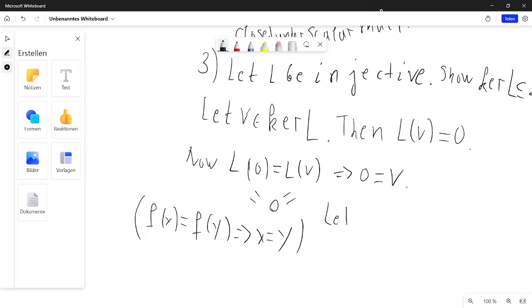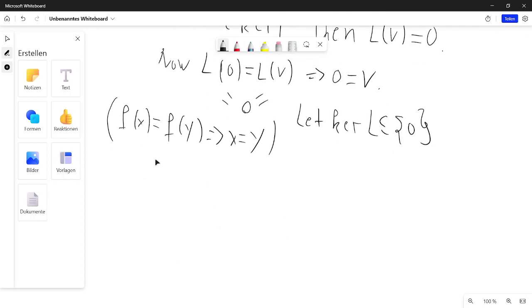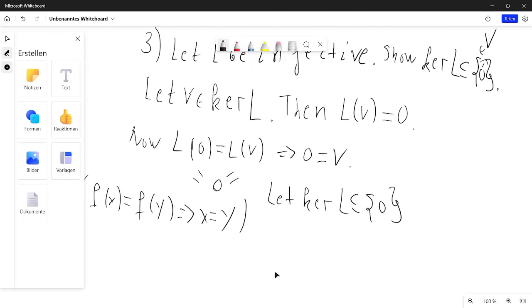Now the other direction, we have the equivalence to show, right? And we have to show both directions. First we assumed that and have shown that. Now we assume that and have to show the other thing, right? And show that L is injective.